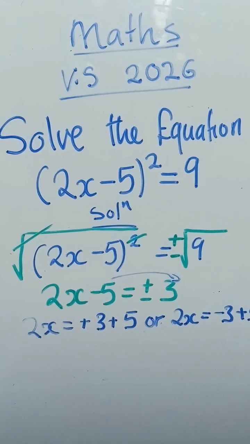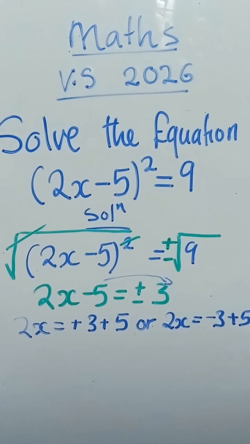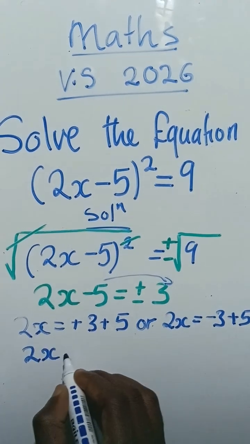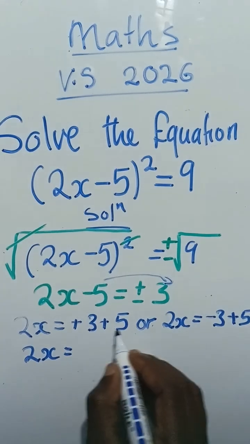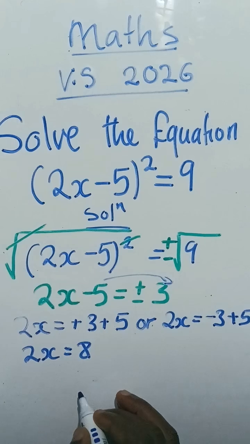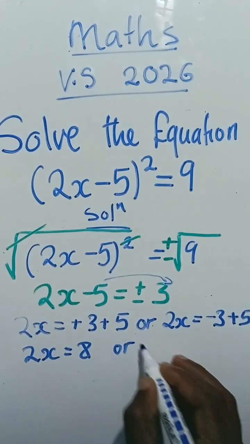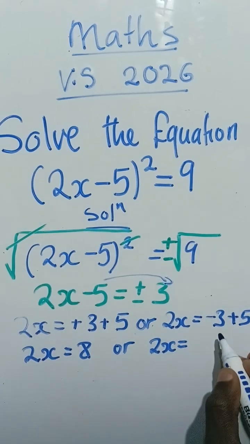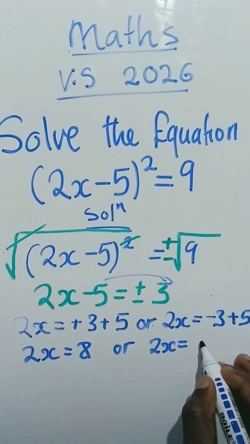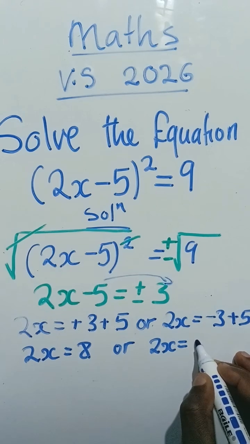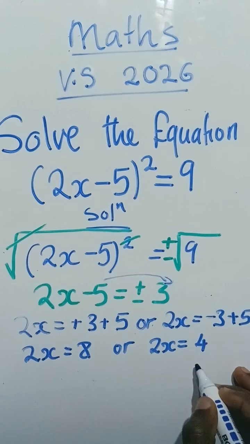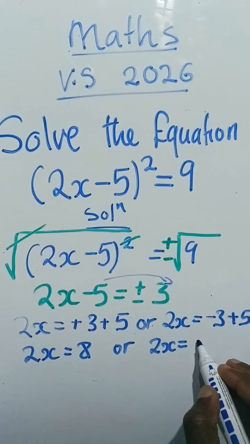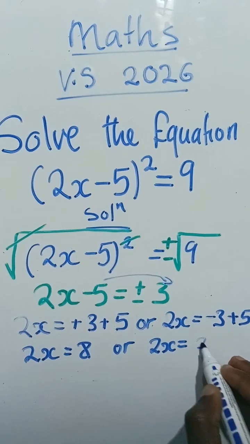So what are we going to have next? 2x equals 3 plus 5, and the answer is 8. Or we are going to have 2x equals negative 3 plus 5, and the answer is positive 2.